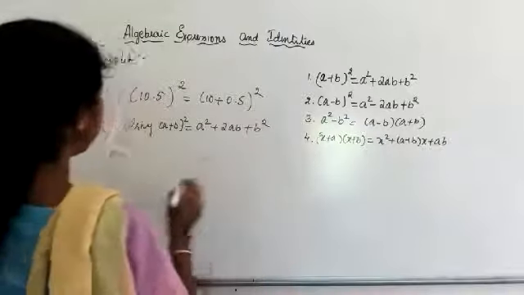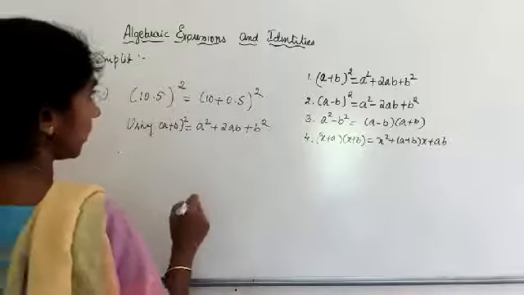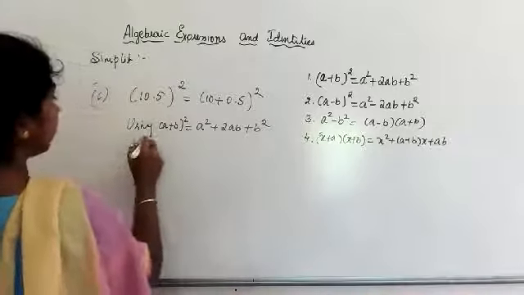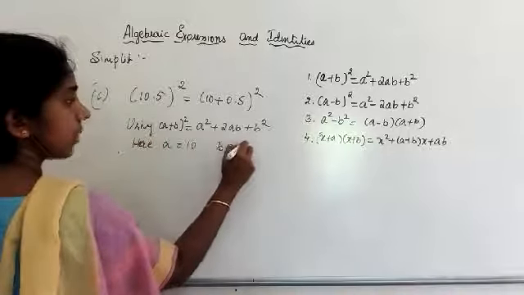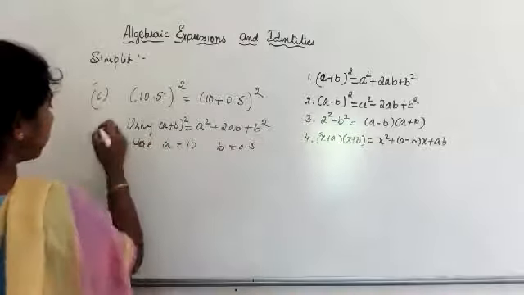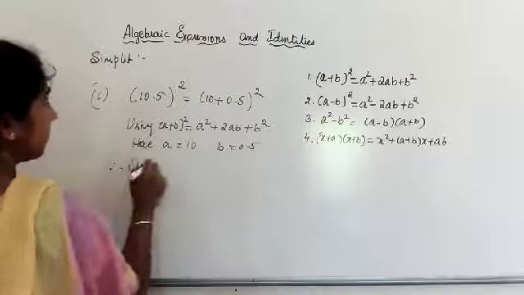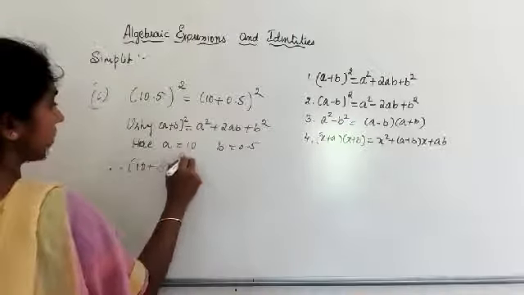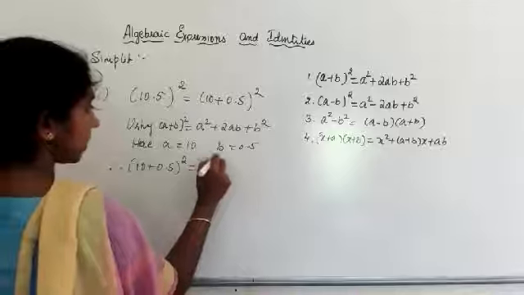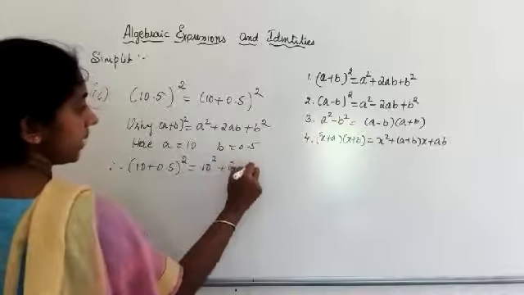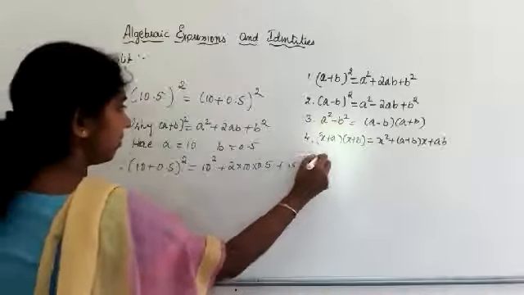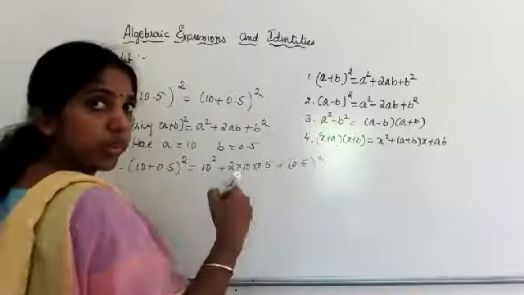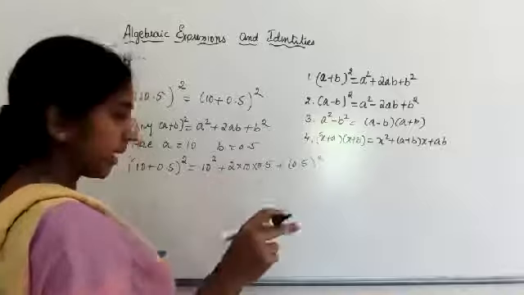Therefore a is 10, b is 0.5. So 10 plus 0.5 the whole square will be equal to 10 square plus 2 into 10 into 0.5 plus 0.5 the whole square. So we are substituting the values of a and b in the identity.